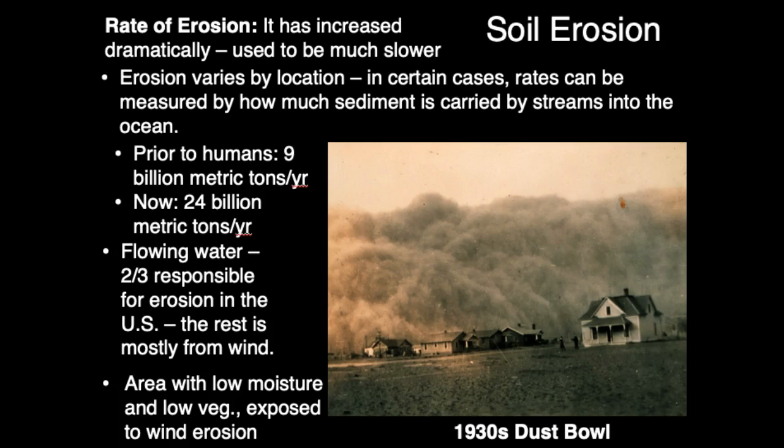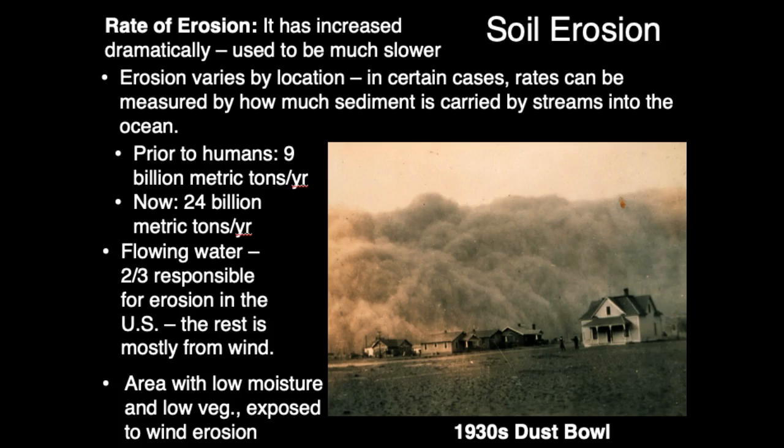These rates have been estimated throughout the world to have been about 9 billion metric tons per year before humans. And now that we humans are around with our current practices, they're estimated to be about 24 billion metric tons per year. So that's more than 2.5 times greater than the amount of soil that was eroded before us. So that's concerning.